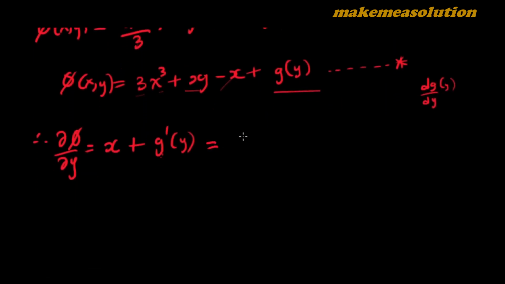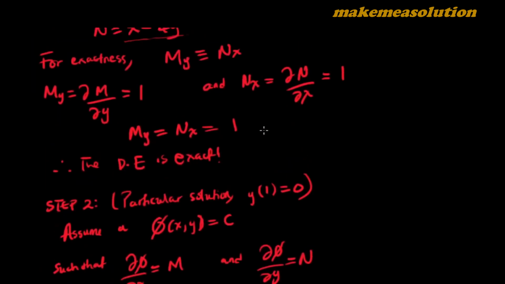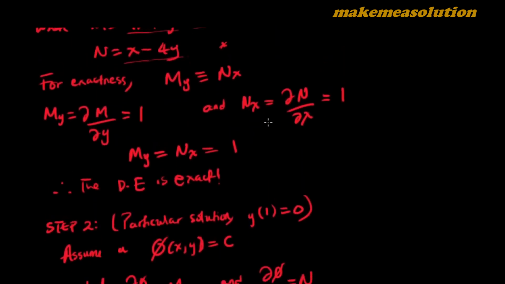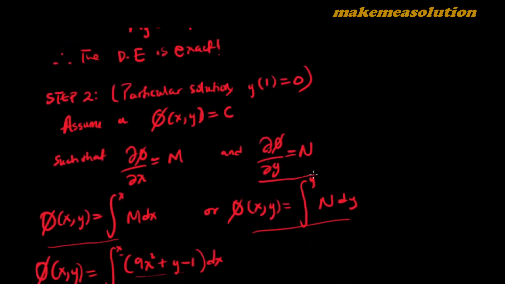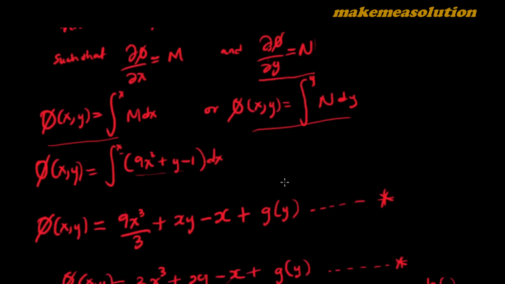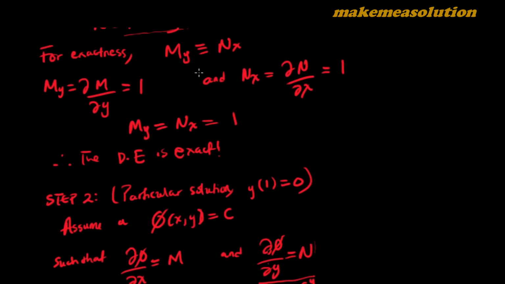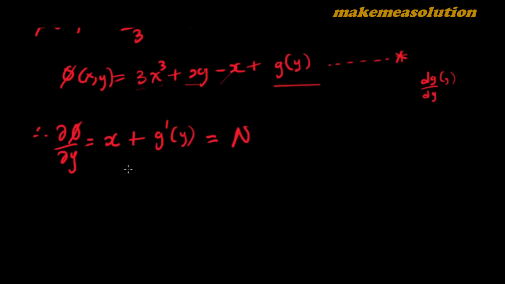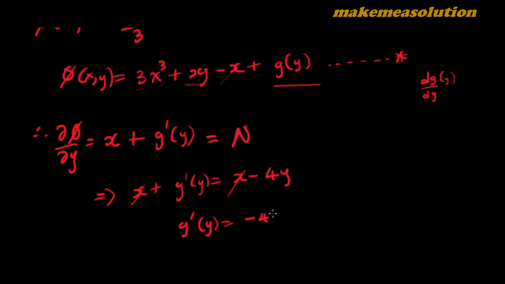Remember that after differentiating, it should be equal to n, according to our assumption from the beginning, that our phi of x comma y is such that when you differentiate it with respect to y partially, you will get n. And where is the expression for n? The expression for n is x minus 4y. So we now have that x plus g prime of y is equal to x minus 4y. So x is common on both sides, it cancels out. So this means g prime of y is equal to minus 4y.